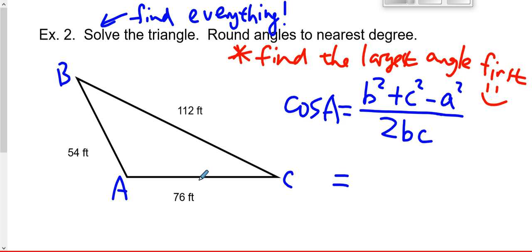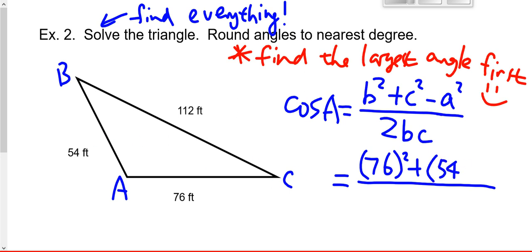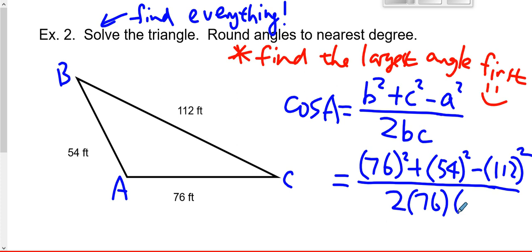Alright, so just plug in those numbers. b squared is 76 squared, plus c squared, 54 squared, minus a squared, which is 112 squared, divided by 2bc, 2 times b, 76, and then c, 54.